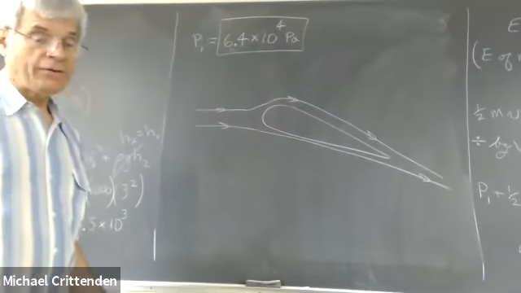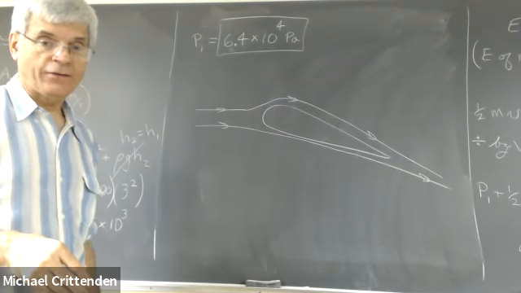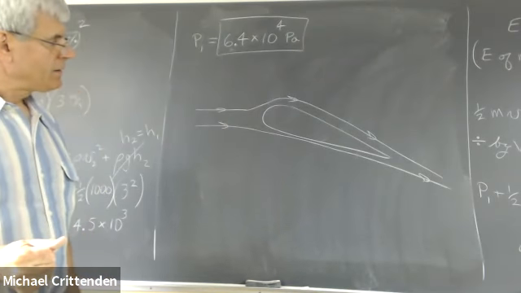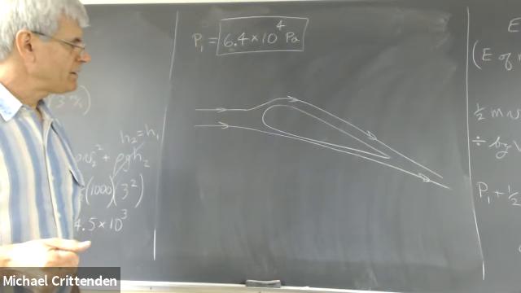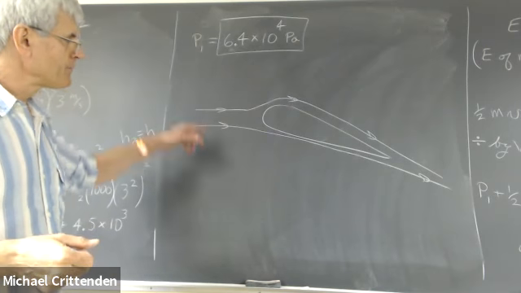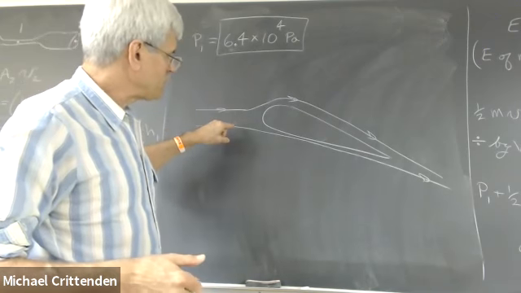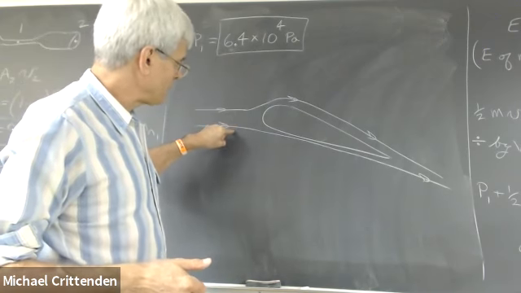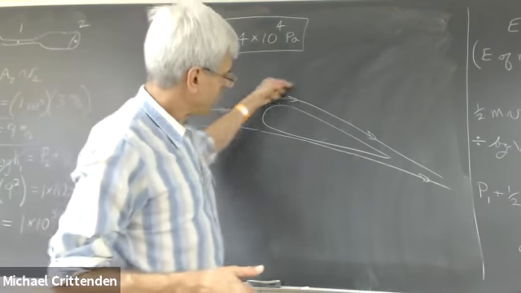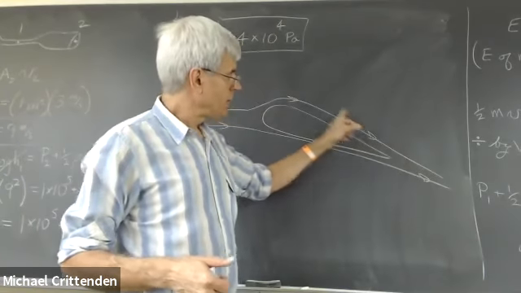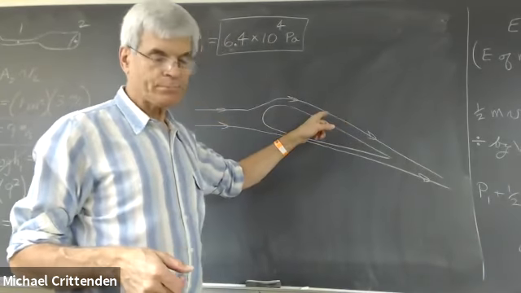Like many things, if you get into it in detail, the story gets very complicated. But as a crude idea of what's going on, this air has to get to the back edge of the wing in the same amount of time as this air, but it has to cover a longer path to get there, so this moves faster.